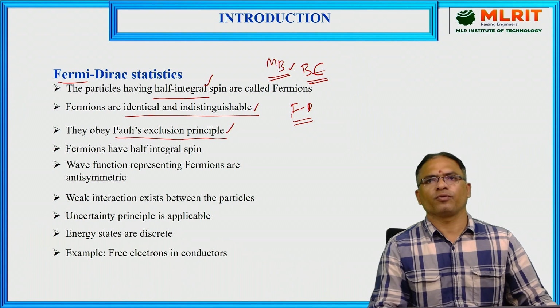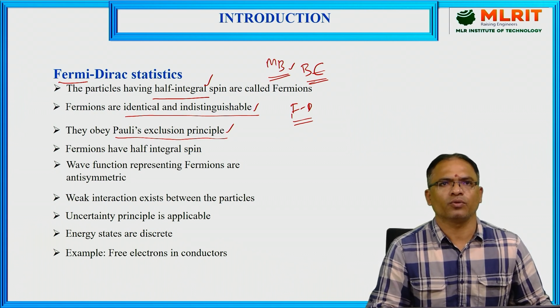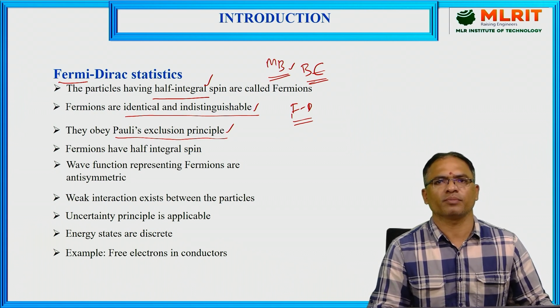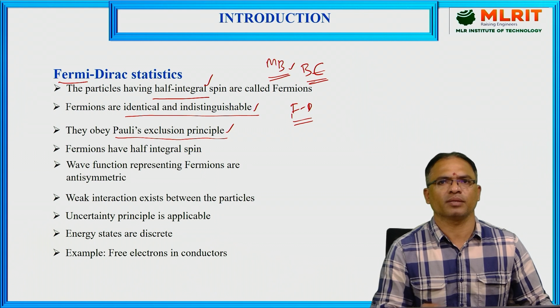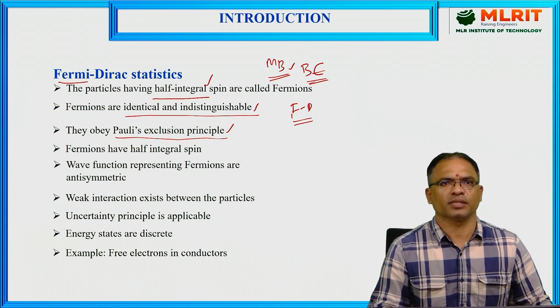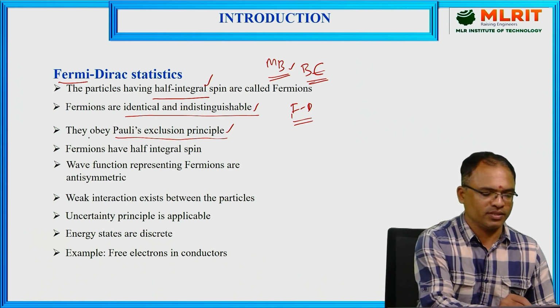According to Pauli's exclusion principle, no two electrons having the same set of quantum numbers can occupy the same energy state. To occupy the same energy state, the two electrons should at least have different spin numbers. That is the statement of Pauli's exclusion principle, which will be obeyed by these particles called fermions.